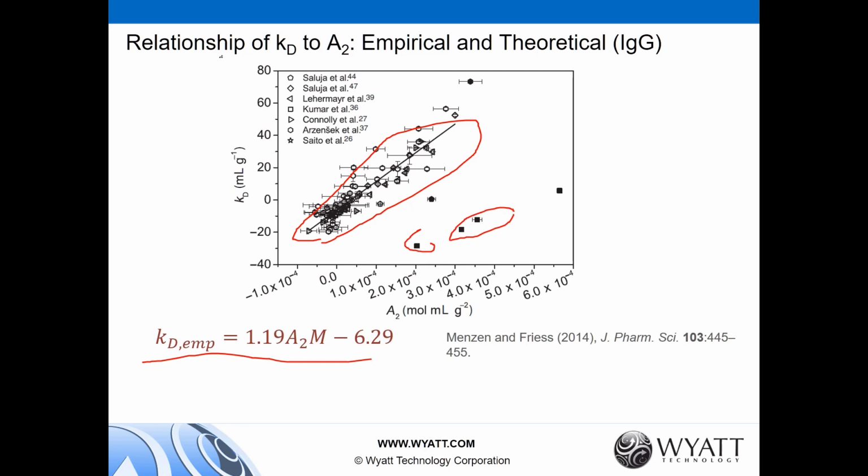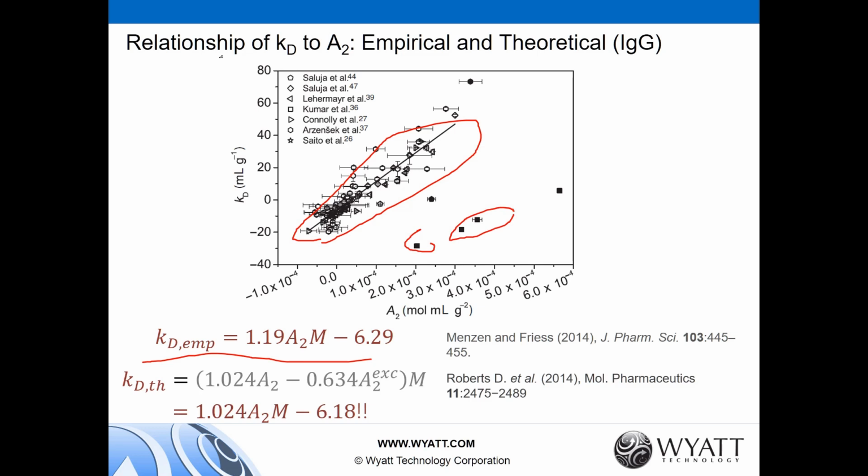And so interestingly enough, in the same year, Dorota Roberts and her colleagues published a really detailed theoretical analysis looking at all of the possible contributions that are needed to determine KD theoretically based on the intermolecular potentials, and came up with a result of the final relationship of KD is 1.02 A2M minus 6.2.